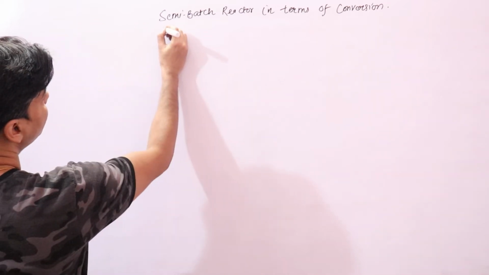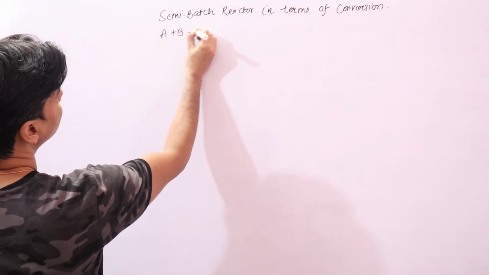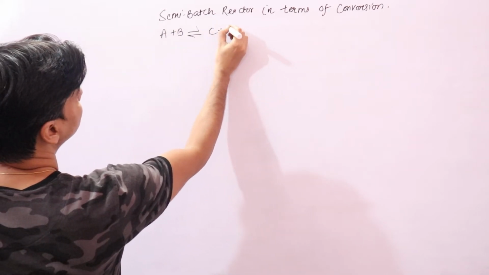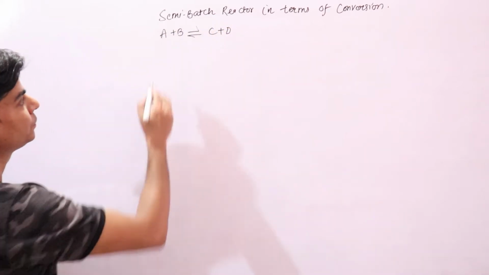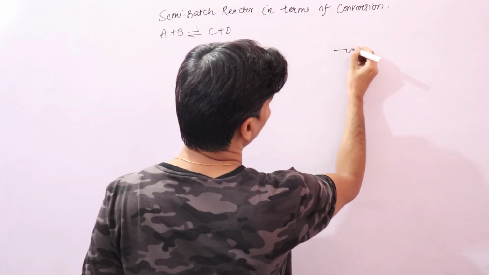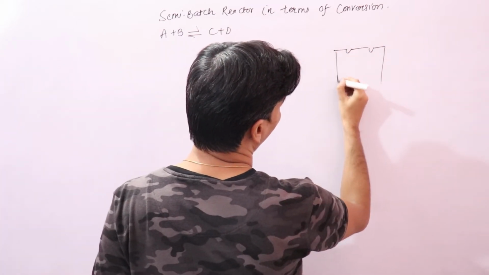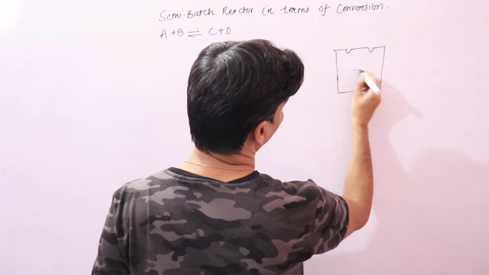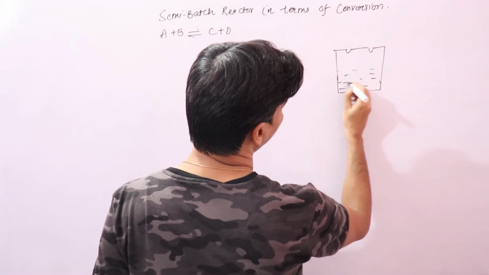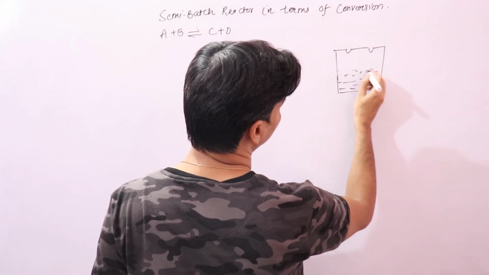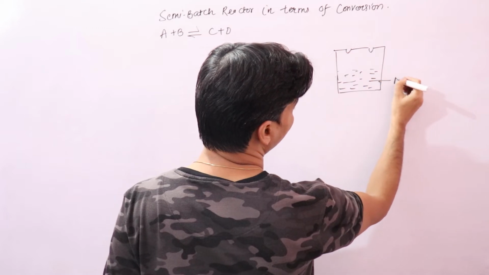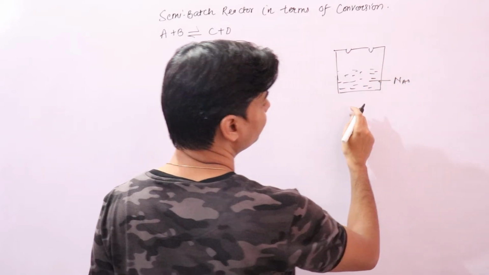Now for any reaction A plus B giving you C plus D, right? This is how it would look like. Right here you have taken, say A, Na0 you have taken initially, right?